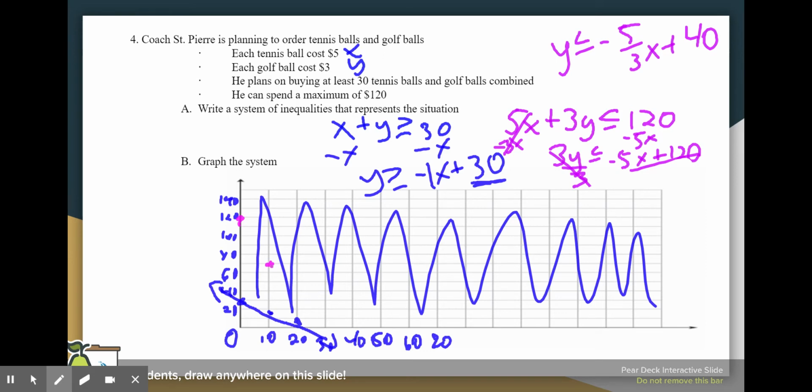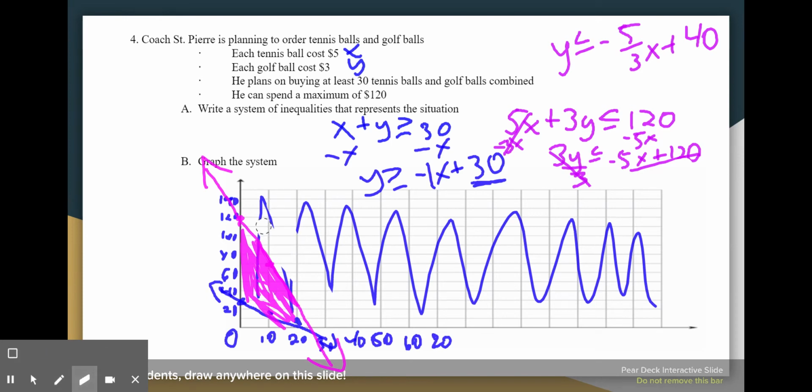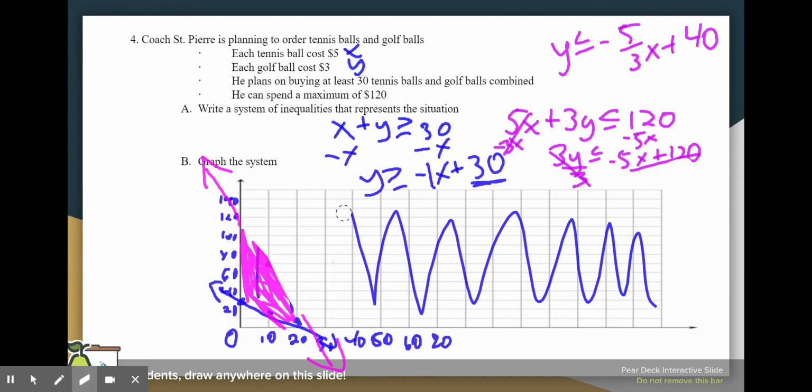And it is solid. And then we would shade below. So this right here is actually the only solution to the system. So we can erase all this.